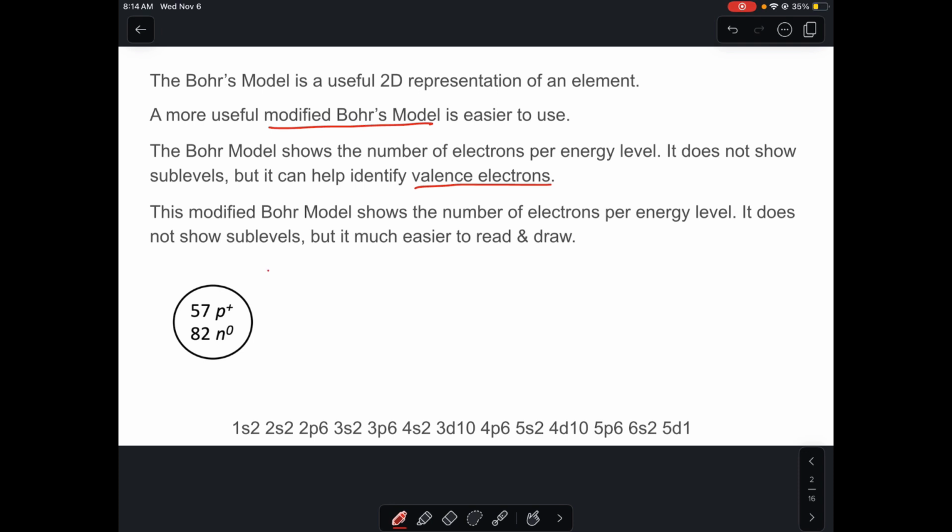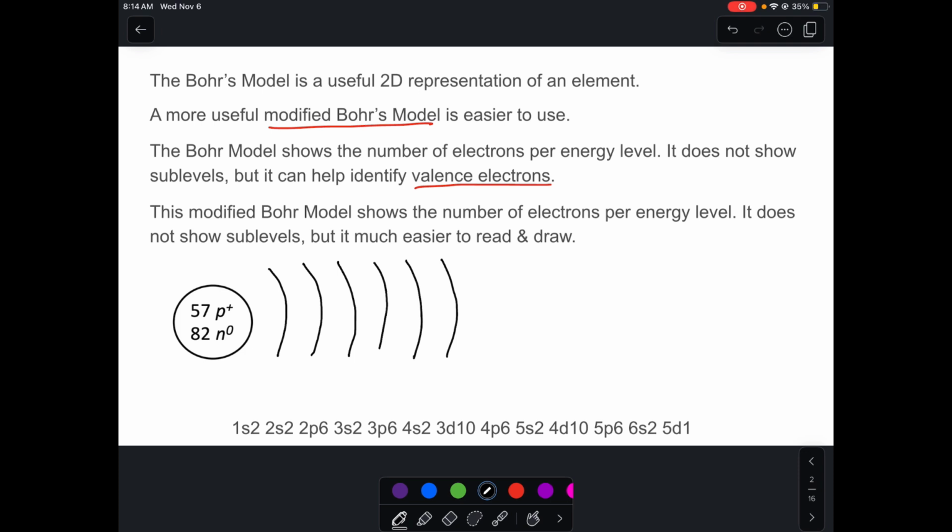So here we have, I'm going to use black, lines like this that are going to represent the orbits or the orbitals, or the energy levels. Let's call them energy levels. 1, 2, 3, 4, 5, 6 of them. And in a neutral atom, we're going to have 57 electrons.